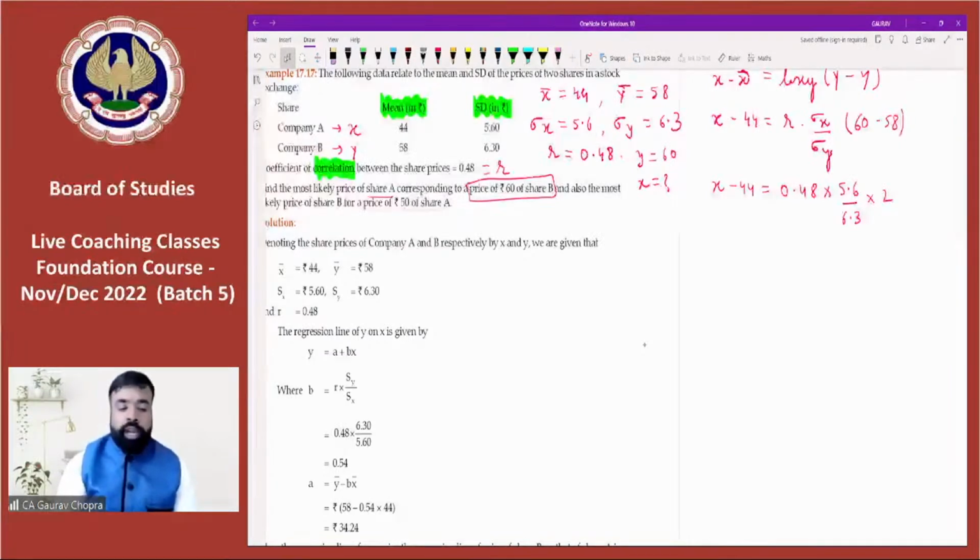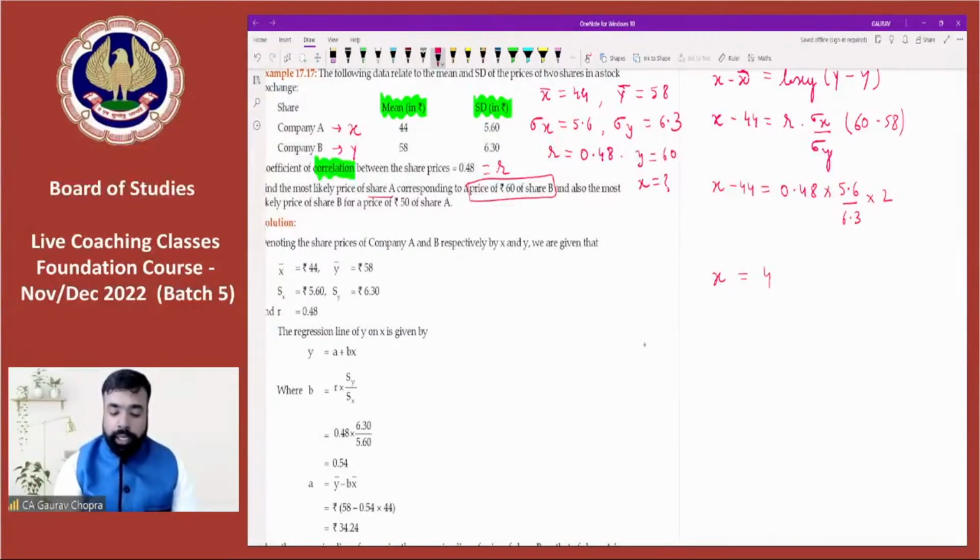So we have to find the value of X. So 0.48 multiplied by 5.6 multiplied by 2, and then plus 44.